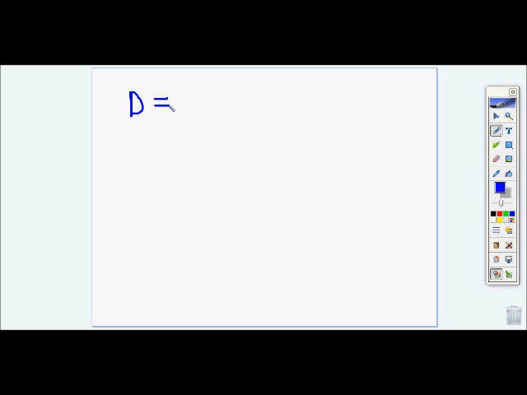It's telling me that distance equals 0.06t, and that's going to be plus 0.5, and that's going to be multiplied by the quantity 45 minus t.